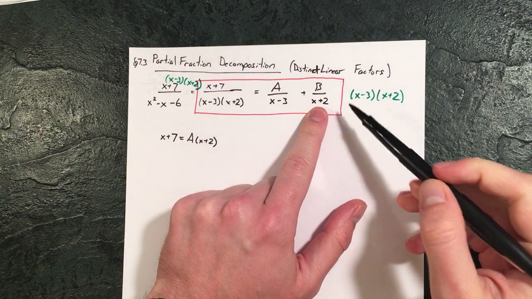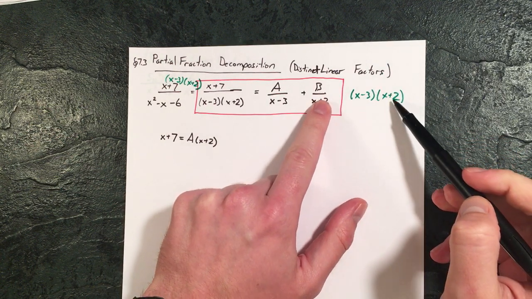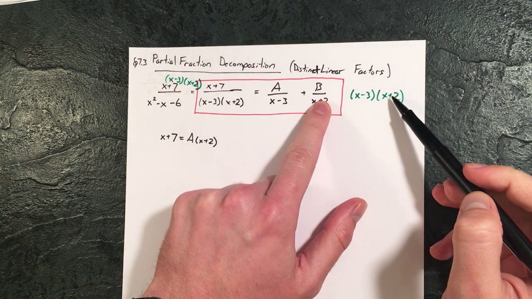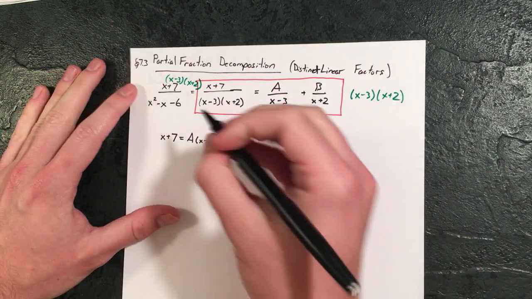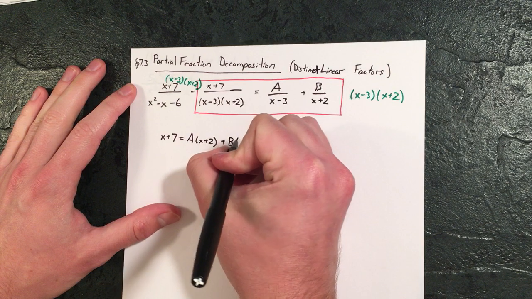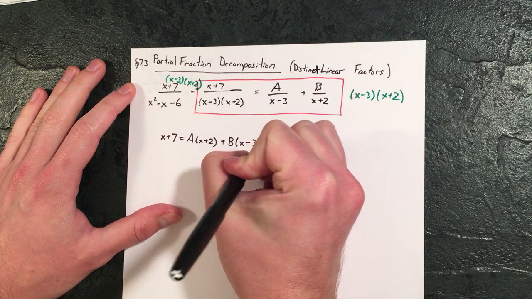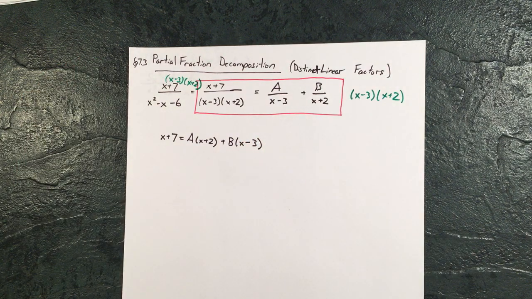If we do it with this b term, we're left with just the b times the x minus 3, since the x plus 2 in the denominator and this one are going to factor out. So we're down to here.